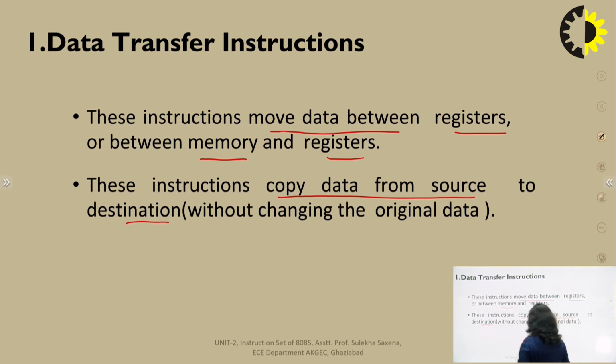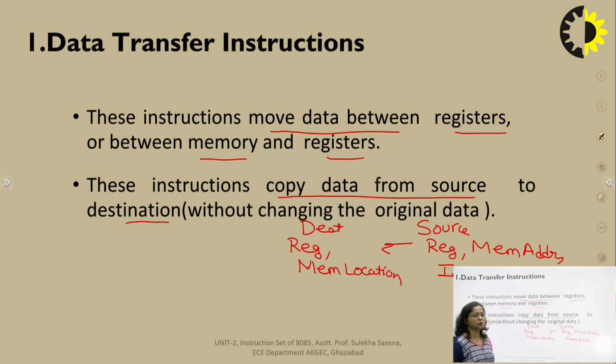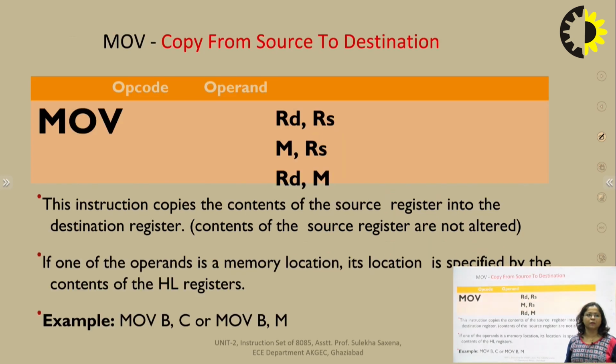The source location can be a register or memory address or immediate data, which is copied to the destination. The destination can never be immediate data, so it can be a register or memory location. So this is the whole set of values in the data transfer instruction group.